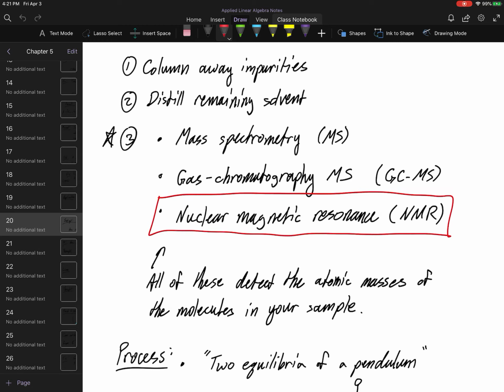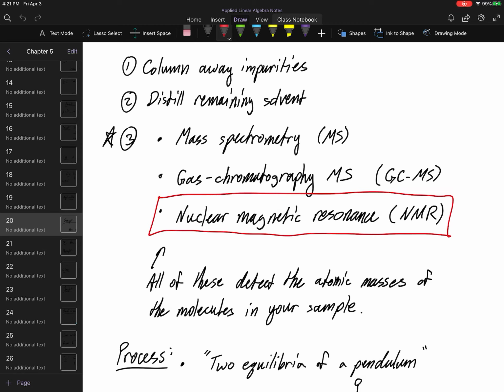So there is a gigantic machine that is effectively creating a magnetic field of varying frequencies, and all of these different methods are here to detect atomic masses of the molecules in your sample.